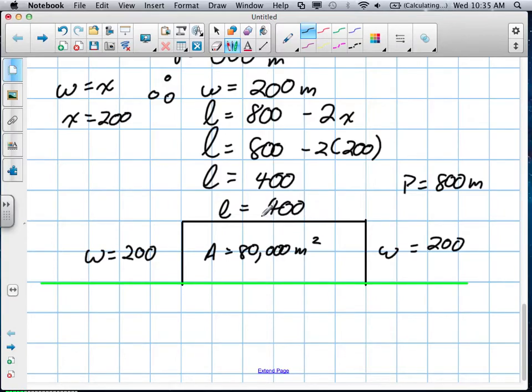Okay? Now, this is a question of maximizing area with a three-sided rectangular shape. Does anyone know what the optimal area always is in this, in terms of length to width? What did we just find? Our length was how many times greater than our width? 2 times. I'm going to tell you this right now.